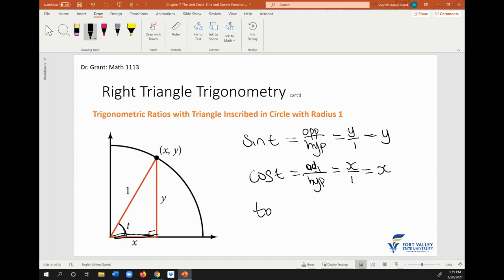And then tan of t is going to be equal to opposite over adjacent, which is equal to y over x. And if you notice, this is really sine over cosine, because sine is y, and cosine is x. But we'll look at this further as time progresses.